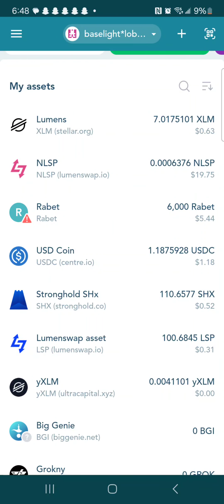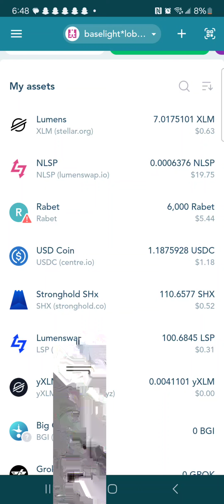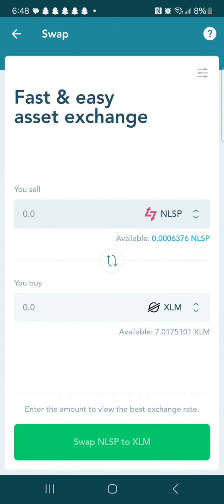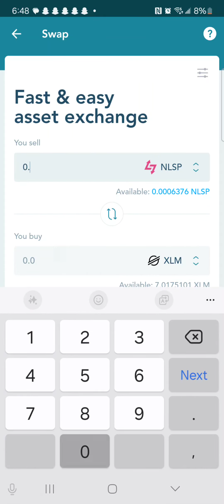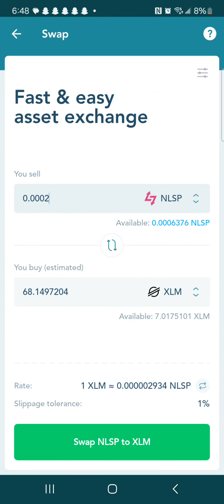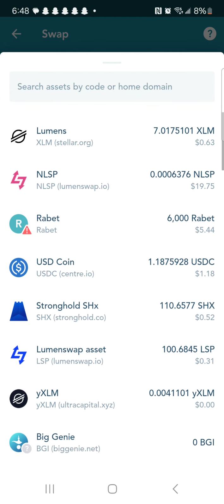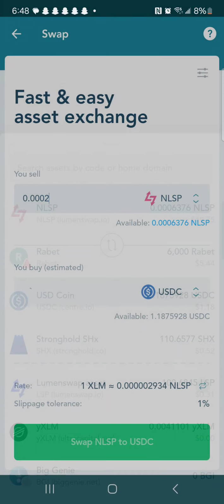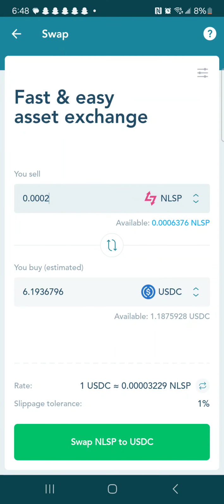And then let me see if I have. I love this coin. I love this coin. I don't know what I put into the US dollar.